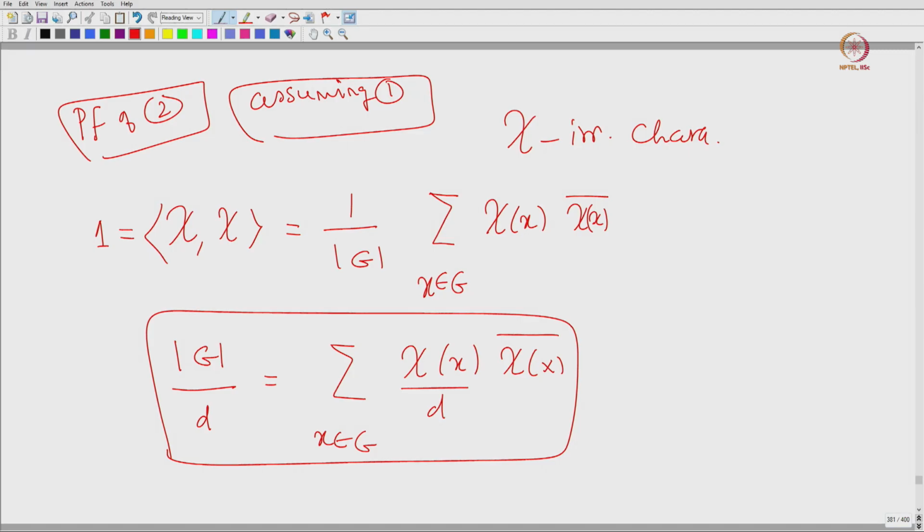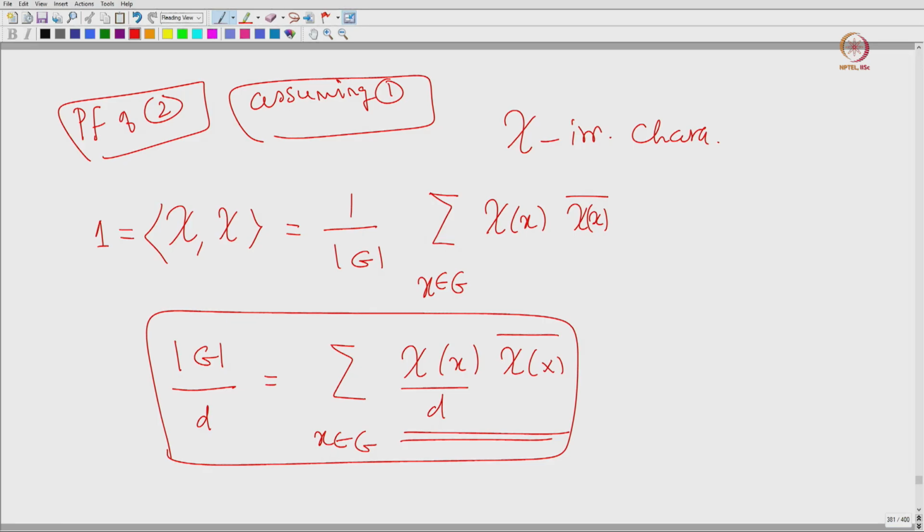Now we can look at all possible values that appear here. You can divide G into the union of these conjugacy classes.